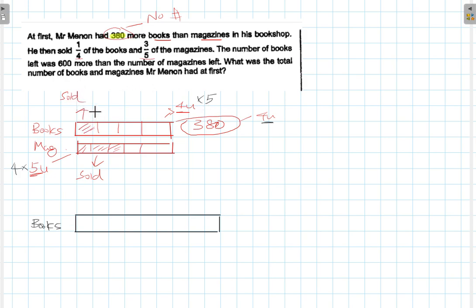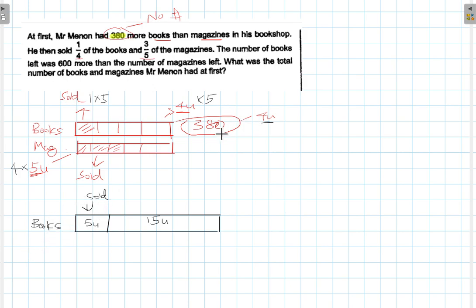But 1 unit is sold, right? 1 times 5, here will be 5 units sold. So I just draw here 5 units. Then will be 15 units. Here is 5 units, right? Here is sold. Correct.